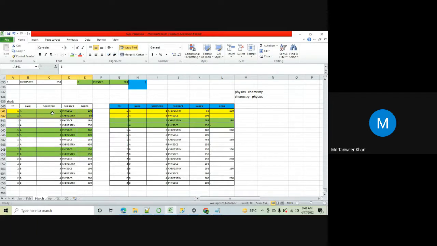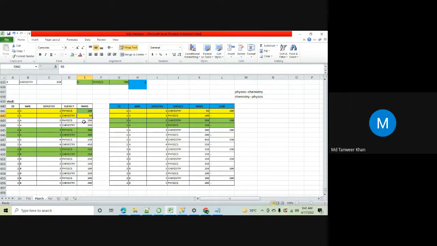So if I take this example, here I have to compare the marks of physics with the marks of chemistry. So it means I have to compare this 100 with this 50. Is it clear, guys? Okay.